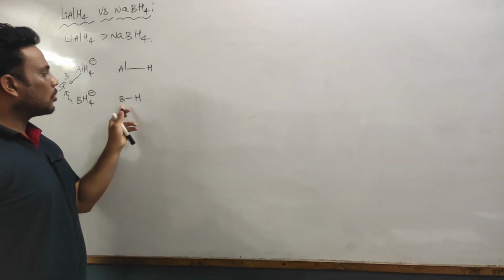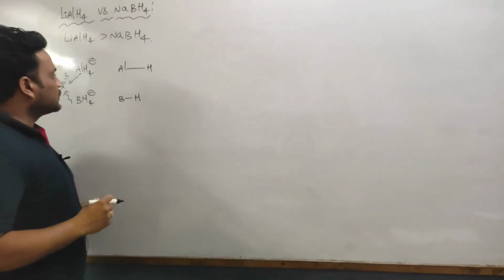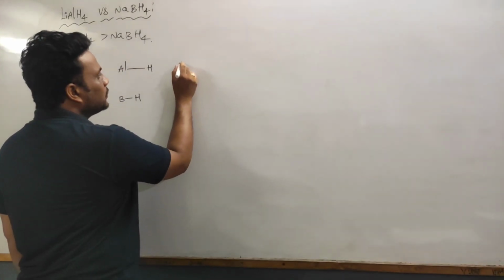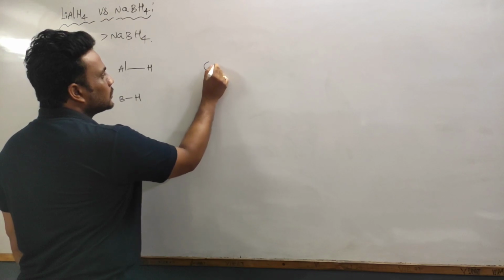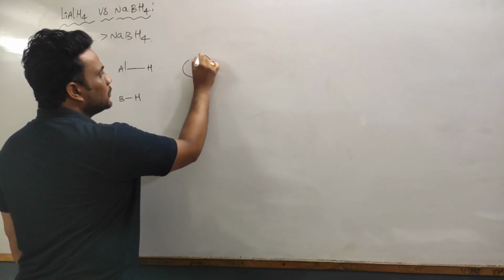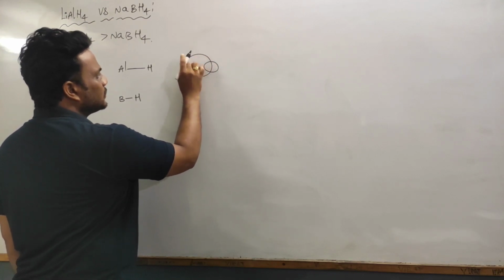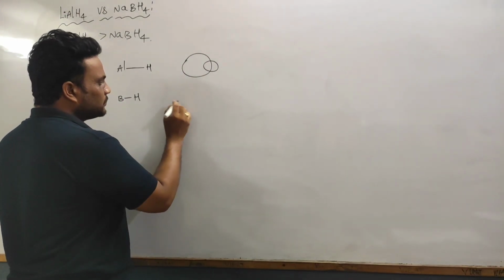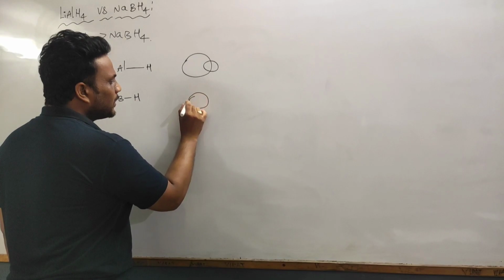this one is longer than this one. The reason is, you see, aluminium and hydrogen: one s orbital of hydrogen, and the aluminium hybrid orbital is like this. This is not the actual shape of the hybrid orbital, but I am drawing it like this.